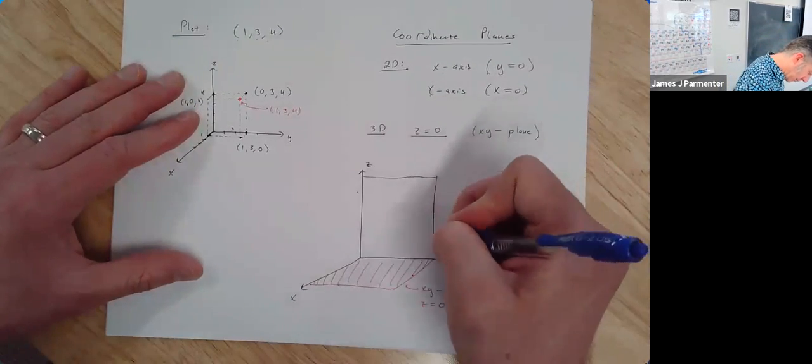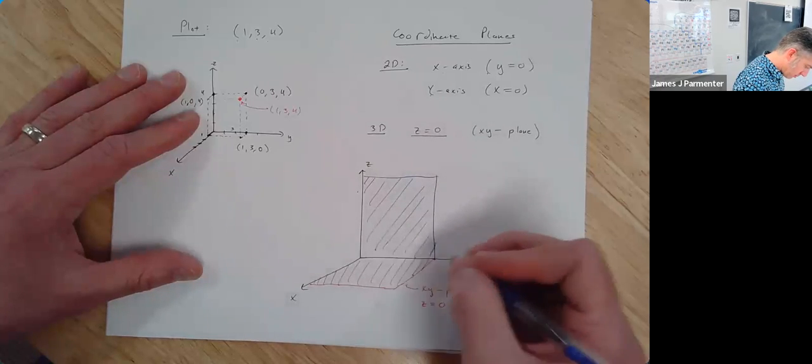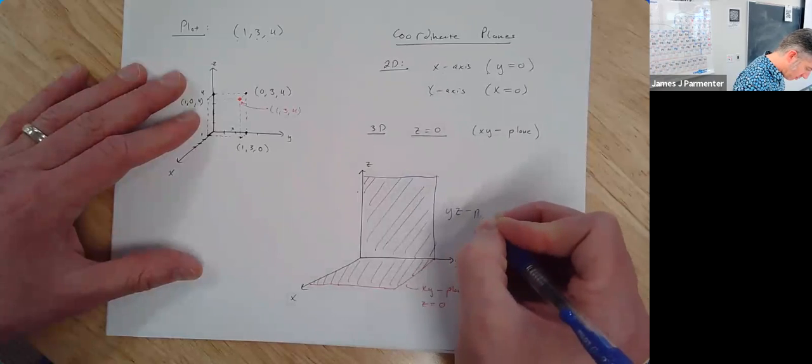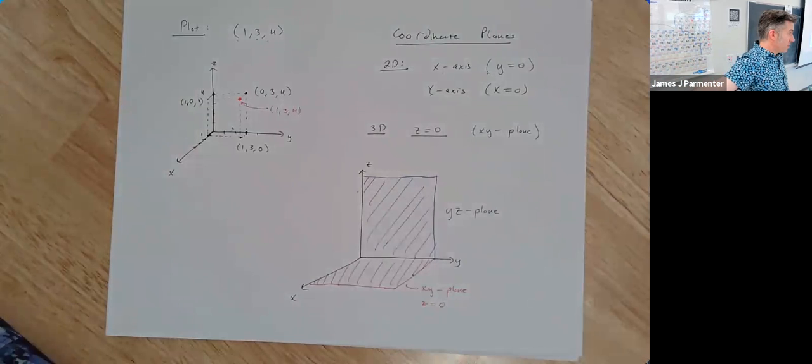in the yz plane, y and z can be anything. You can go as much up or down as you want, as much left or right as you want. But what does x have to be if you're living in the yz plane?